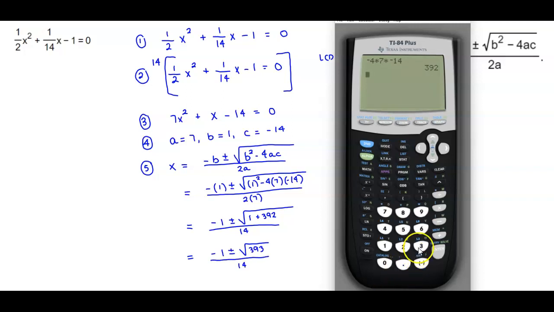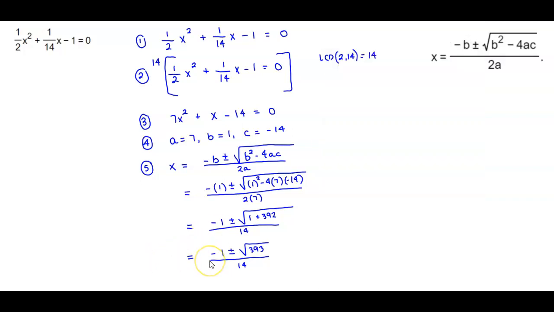Now, is 393 a perfect square? Well, let's go ahead and check. The square root of 393. Okay, that is not a perfect square. If we found the common factor of 393, we would see that 393 in prime form is 3 times 131, and we can't break down 131 any further, so this is going to be our result.